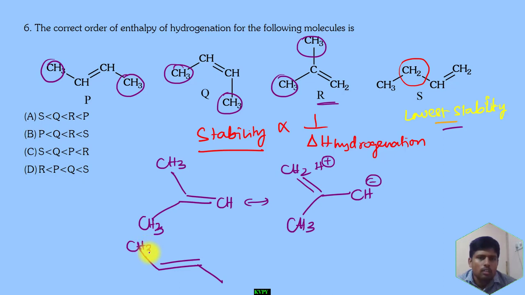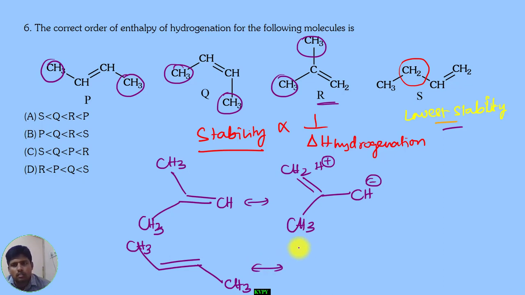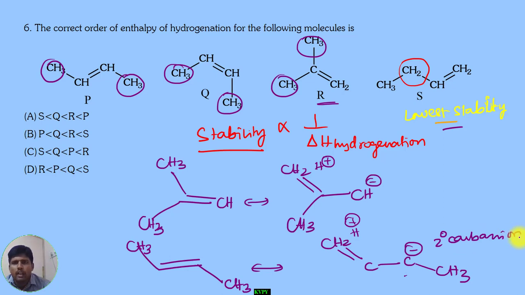This one, when it exhibits hyperconjugation, the structure becomes CH2, C, C minus, CH3, H plus. So this is a secondary carbanion, whereas this is primary carbanion.